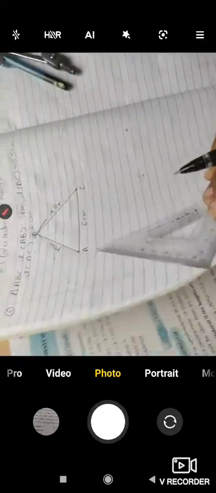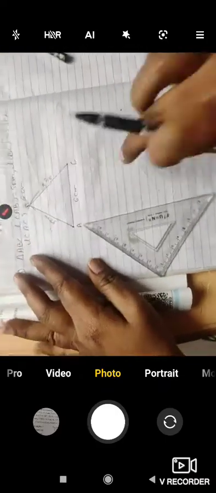Now the construction question is the triangle DEF. In triangle DEF, the measure of angle D is equal to 35 degree.